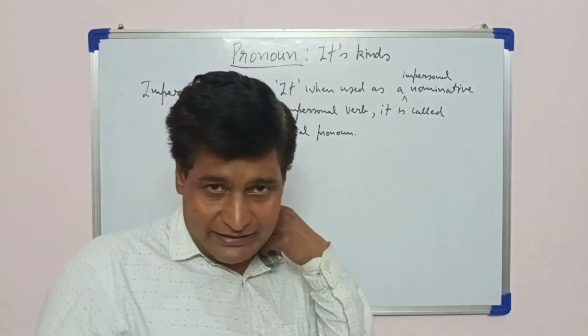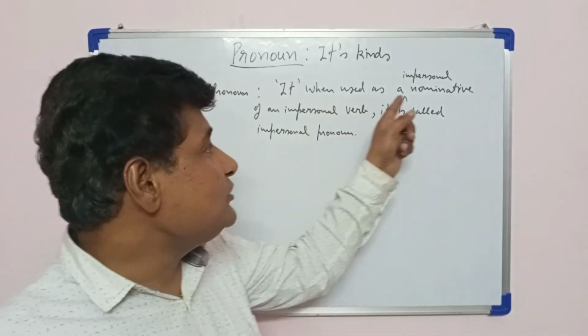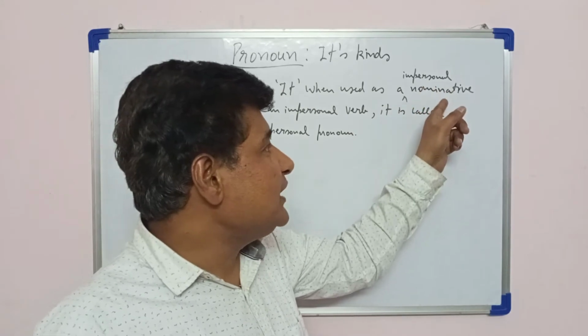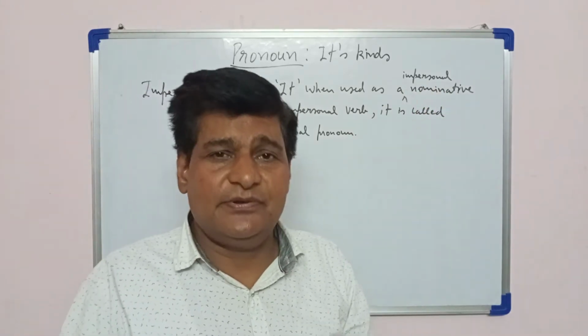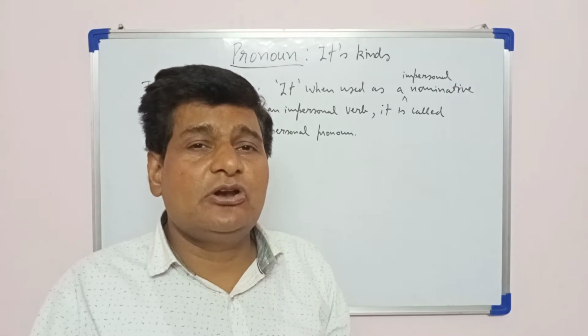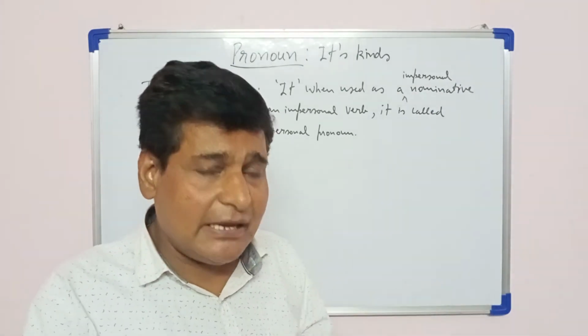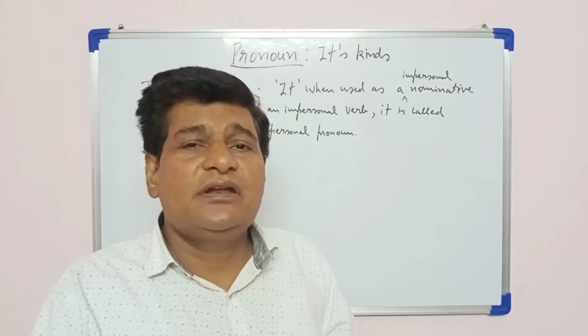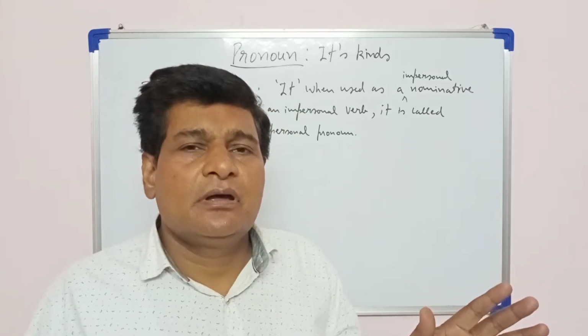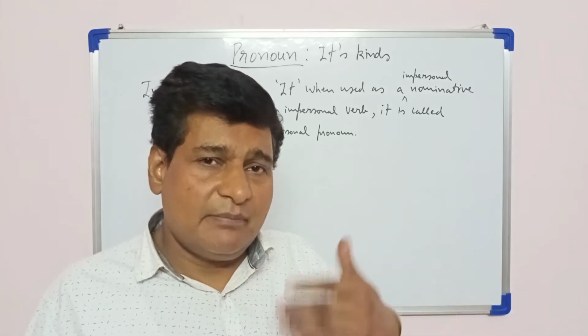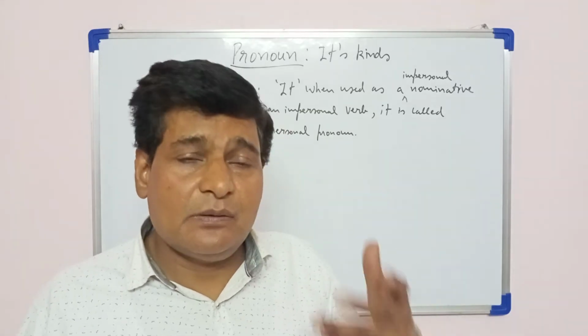Now let's understand it. It, when used as an impersonal nominative, as a subject. Impersonal nominative means when it doesn't indicate a person, whether male or female. It doesn't indicate any person. It indicates something else, some object.